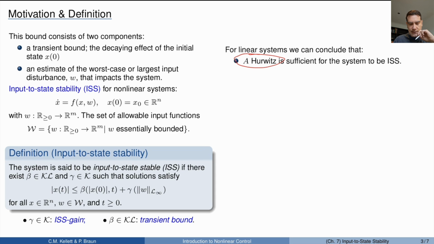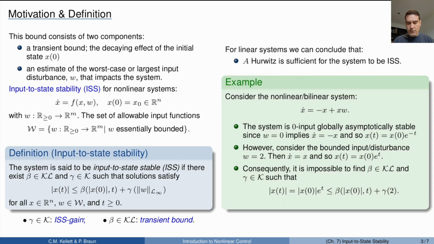For nonlinear systems, that is not sufficient, which can be shown through an example. So let's have a quick look here at this nonlinear system, a bilinear system. It's nonlinear because we are multiplying x with the disturbance signal.